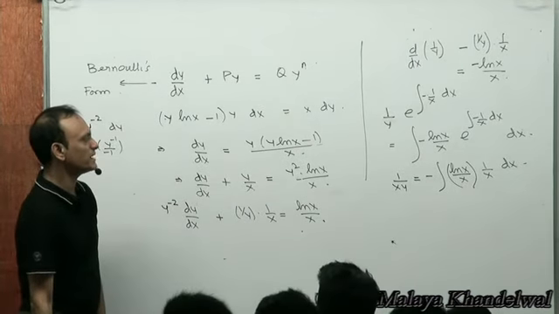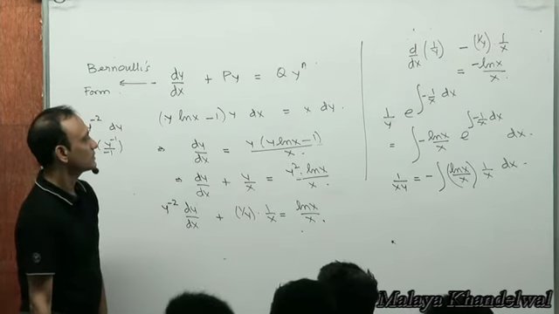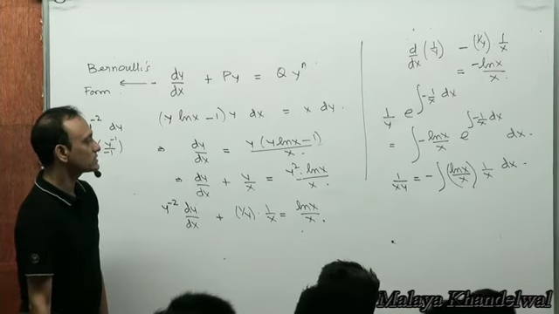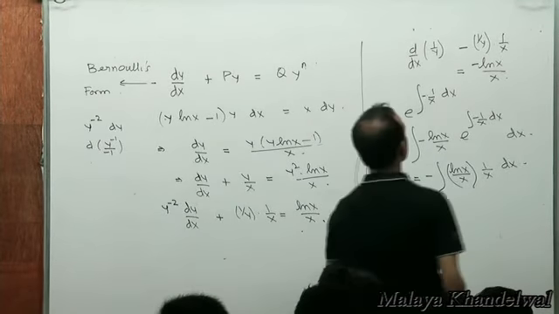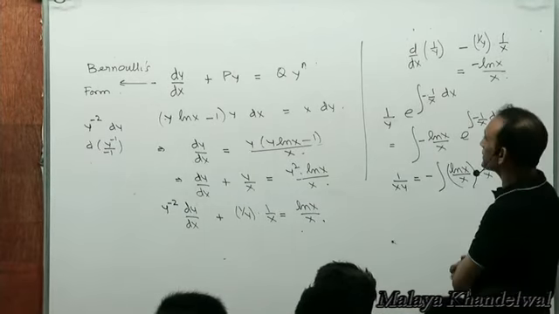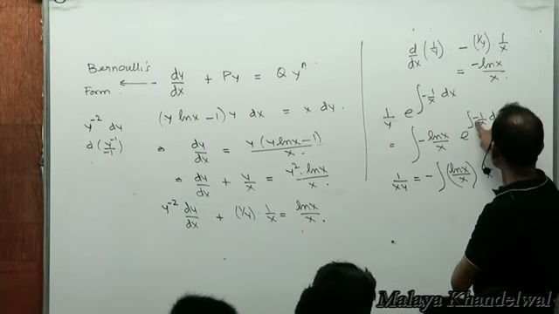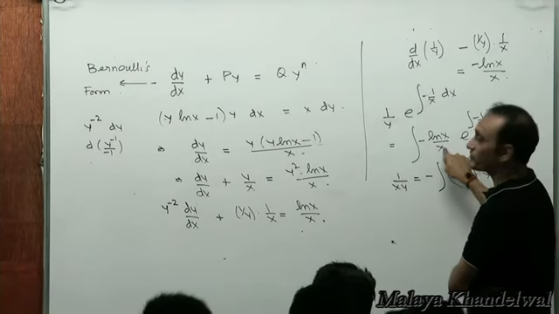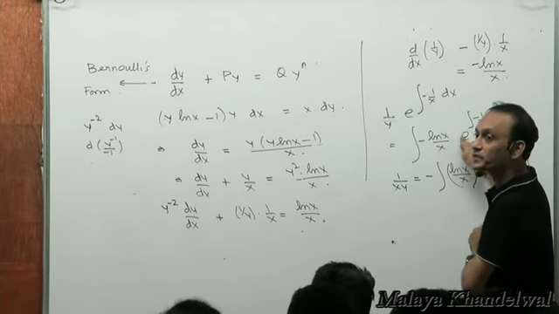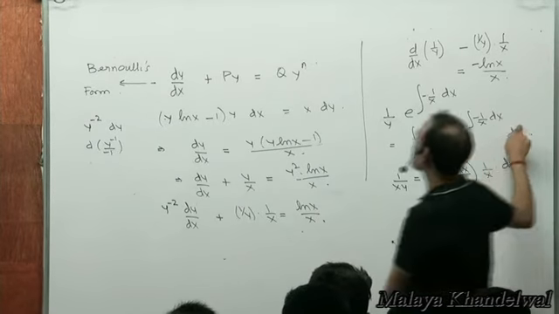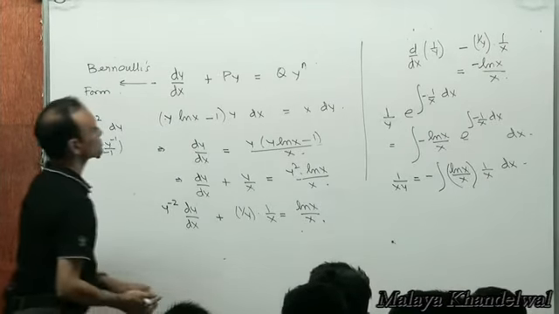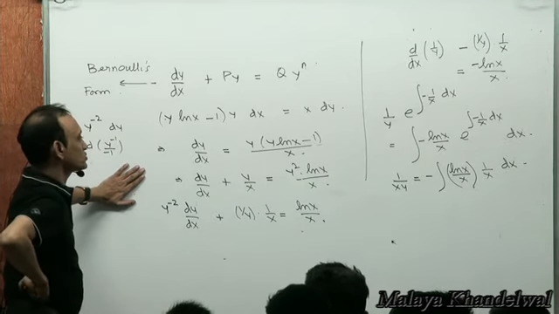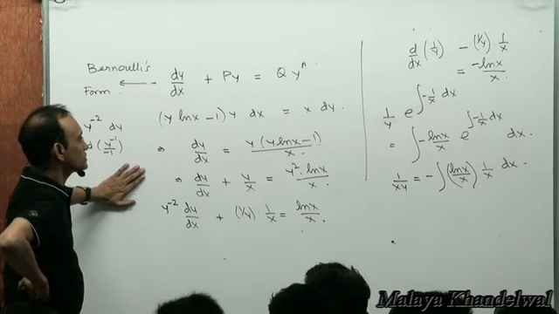It would have helped the matters if it was x. 1 by x squared log x doesn't really help too much. You realize what I'm saying? It would have been really nice if it was 1 by x, because then log x, x and x would have got cancelled. I would have had log x, which would be x log x minus x. So I'm just checking, because log x by x looks incongruous.